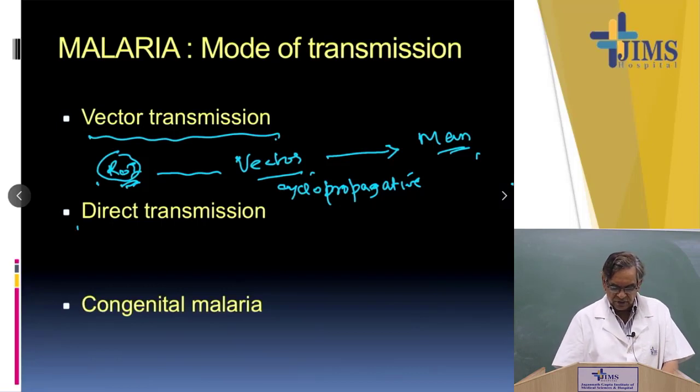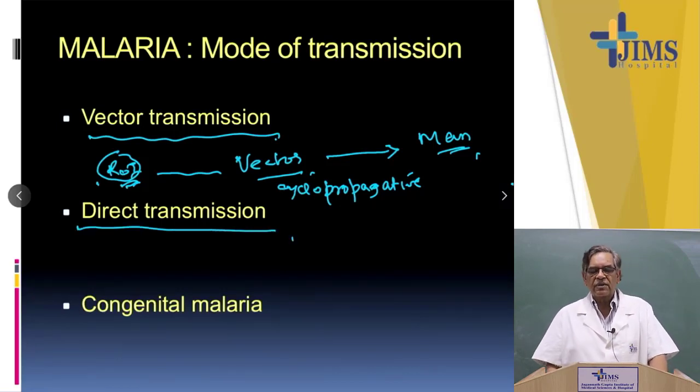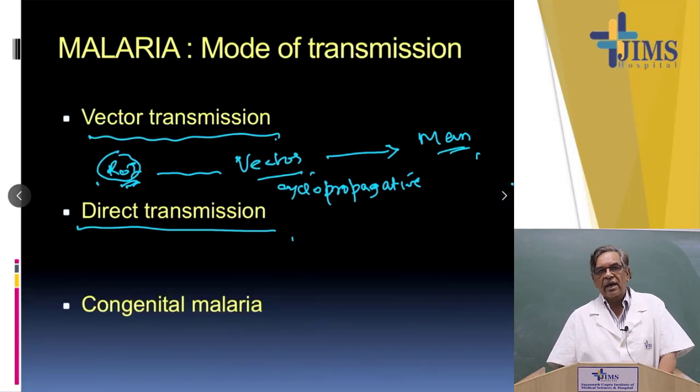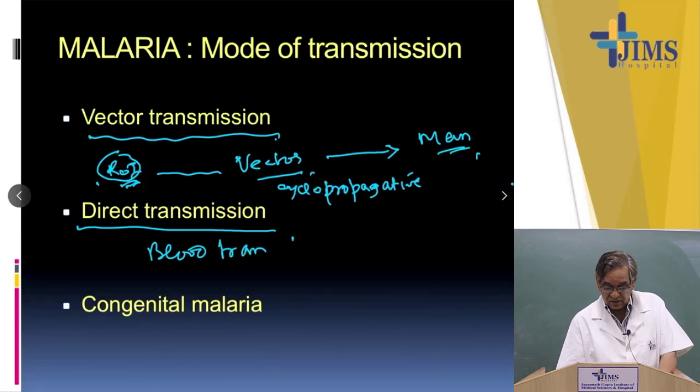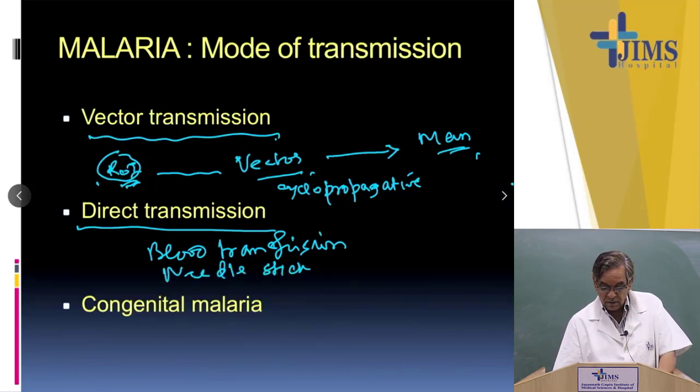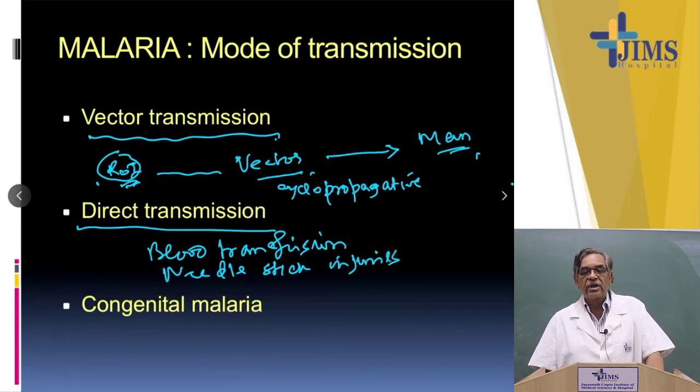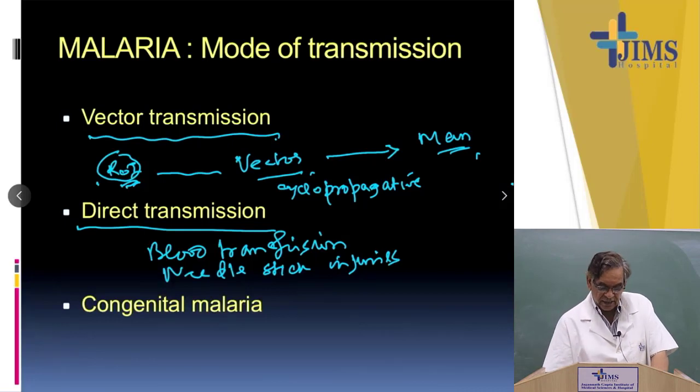Direct transmission is when you're giving a blood transfusion which has malaria parasites, through needle stick injuries, and even in a lot of cases, sharing needles, especially amongst drug addicts.